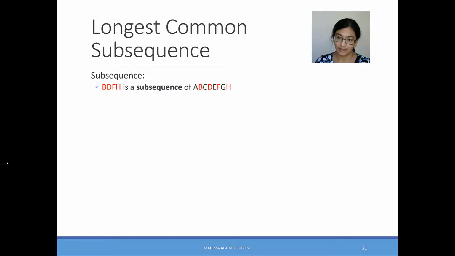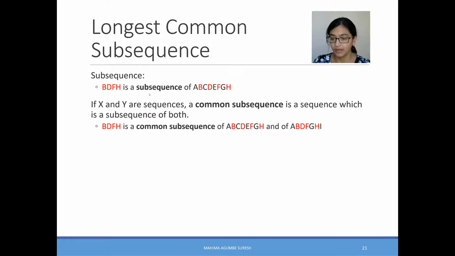A subsequence is not a substring, because the characters don't appear exactly contiguously in the other string, but a subsequence appears in the same order, meaning D has to appear after B, F has to appear after D, H has to appear after F. As long as this ordering is satisfied, that means you have a subsequence.